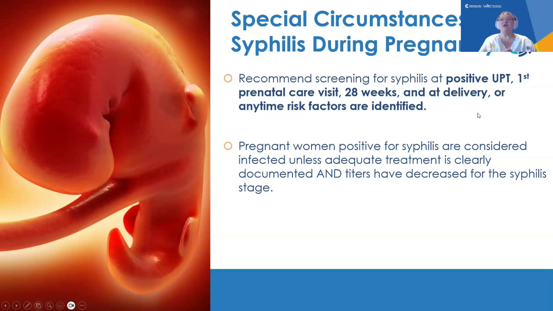What we're doing in this pilot project is we're adding one to that. We're doing it at any time a UPT is done, whether that be positive or negative. The pilot is to try to get ahead of this before a patient gets pregnant, or at the positive UPT, to make sure that we treat them as soon as possible, or ideally before they get pregnant.